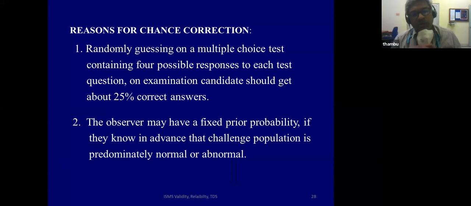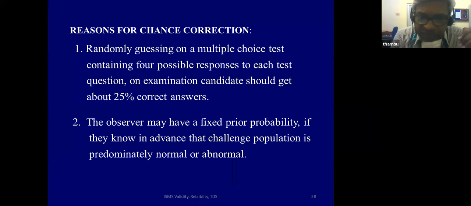So why should you correct for some of these things? Suppose you're writing the NEET exam or whatever exam, and you randomly guess on a multiple choice question. There are 4 possible answers. The student doesn't know any answer, but he should get a minimum of 25% because he randomly guessed.